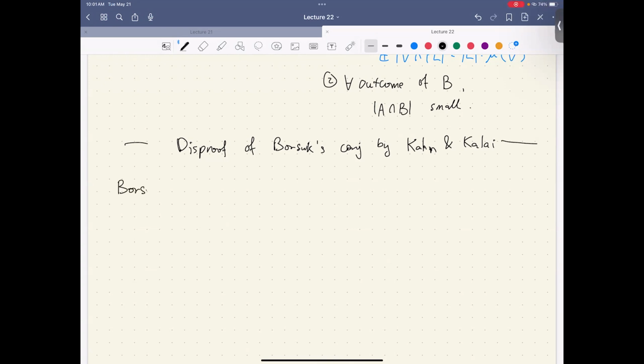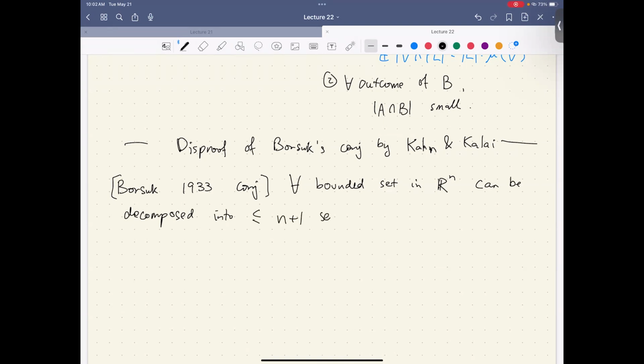So Borsuk in 1933 conjectured the following: that every bounded set in R^n, think of it like a ball, can be decomposed, or can be covered, into at most n+1 sets of smaller diameter.